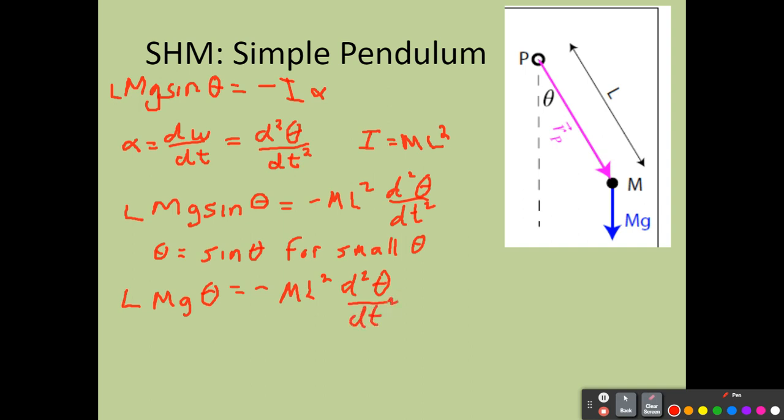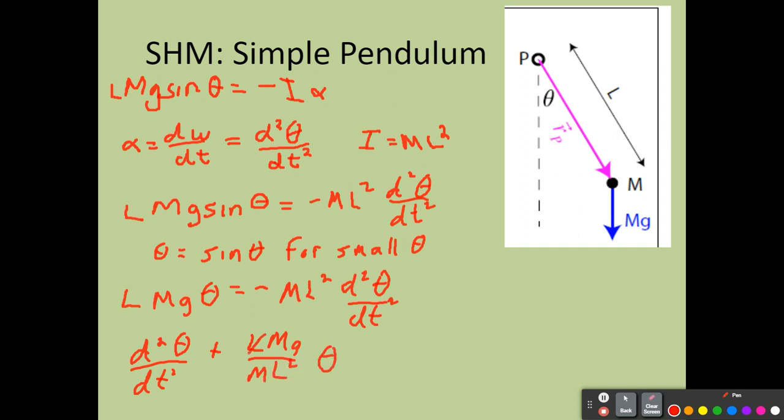And now we want to get this in the form where we have the second derivative by itself, no coefficients in front of it, which means I'm dividing both sides by m L squared, plus, so that's going to give me an L m g divided by m L squared theta.